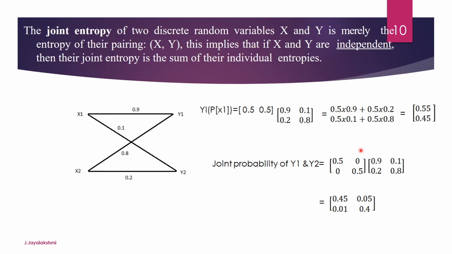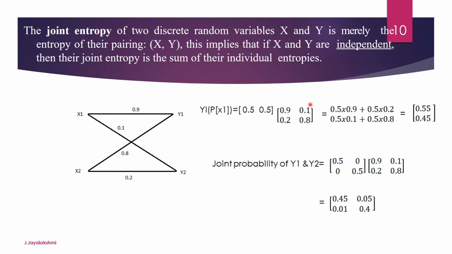You can find the diagonal matrix P(x) of D. This was already discussed in the previous session while we were discussing the discrete memoryless channel, how to form the probability P of x, that is the source channel, diagonally. That is, x1 being transmitted, y2 is not going to be received, so make it 0. x2 being transmitted, y1 is not going to be received, so it is 0. y2 is going to be received, so it is 0.5.